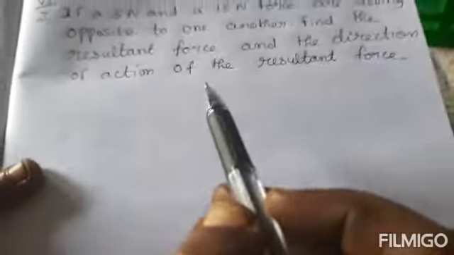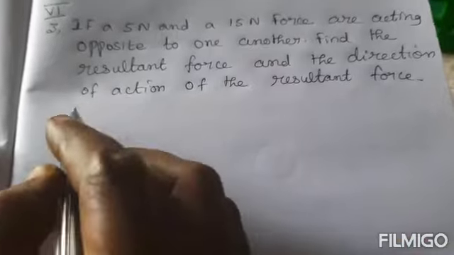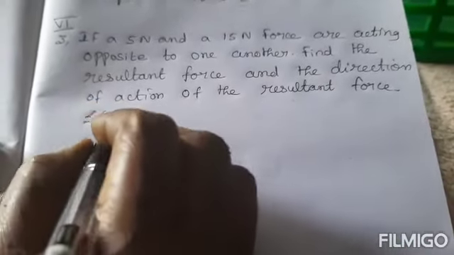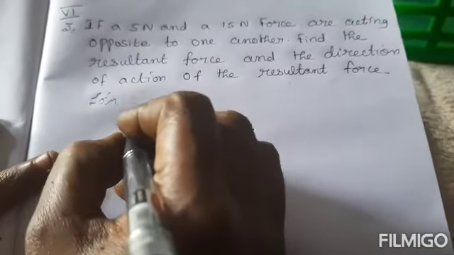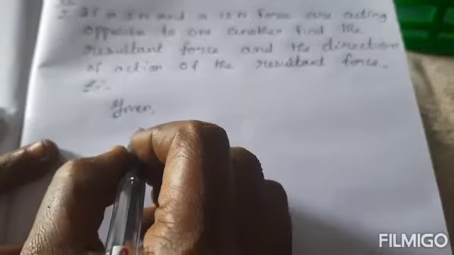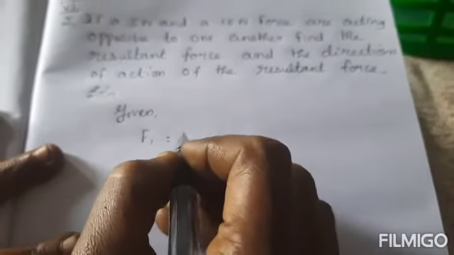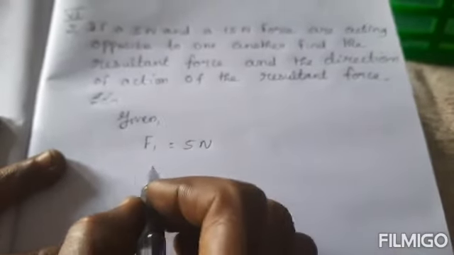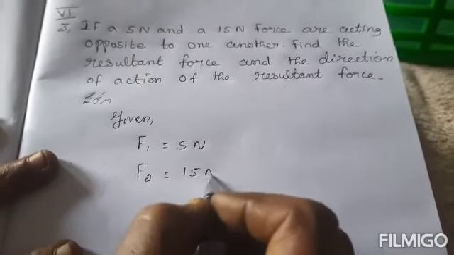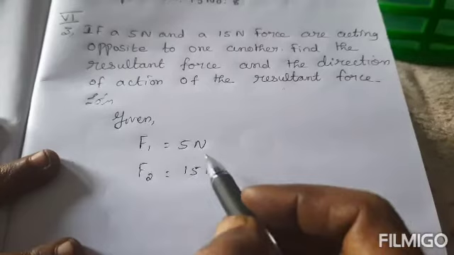First, you have to write what is given in the question. First, we have to write the solution. Given: what is given? First force F1 equals 5 Newton. Next, F2 equals 50 Newton. Now listen all of you, two forces are given.